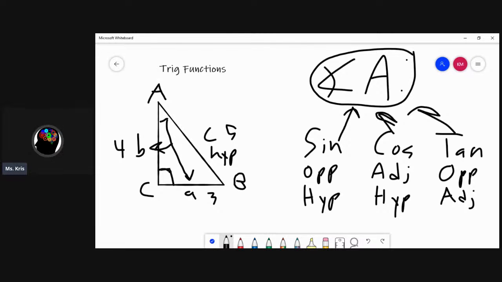Any questions as it relates to the first trig identities? All right.